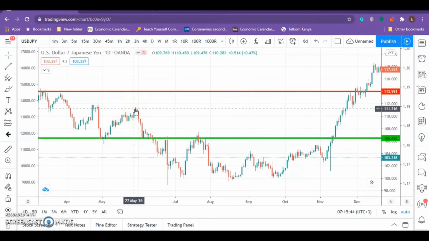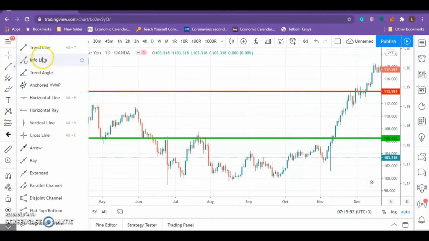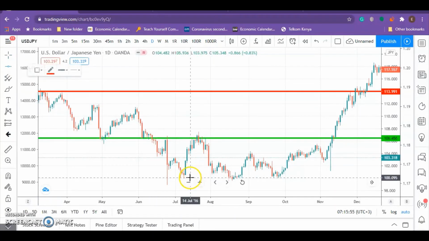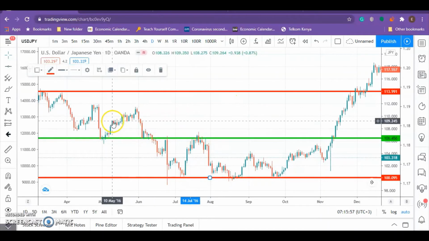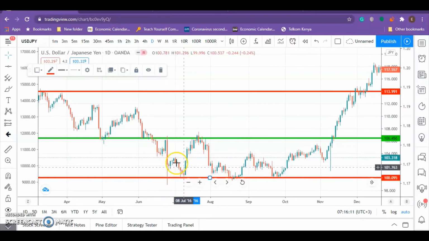So I will wait for it to break out completely up to this level. Then this level becomes my first take profit. After it has reached here, it retraced a little bit, then went back down. After reaching here, which will be our first take profit, I'll wait for such a false breakout to happen.